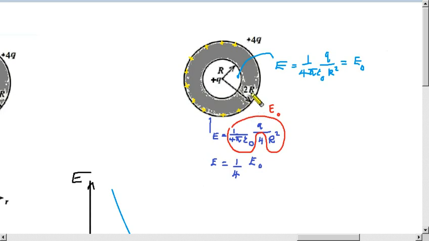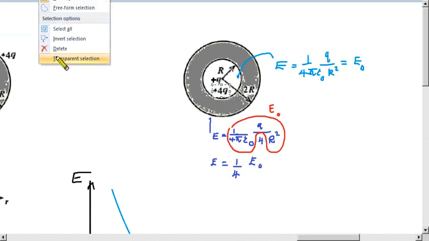Even though the charge is at the surface, we can consider the charge is at the center. That is a principle only for outside calculations. So we are now calculating outside of the sphere, therefore we can place this charge at the center. Then we can use the Coulomb law.